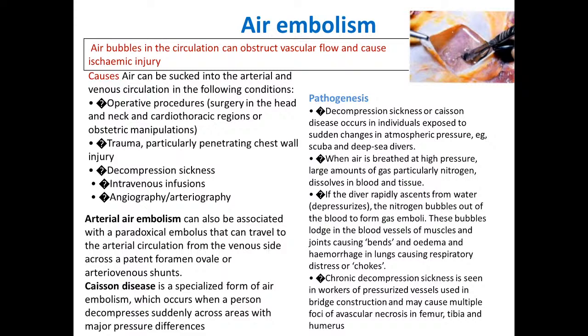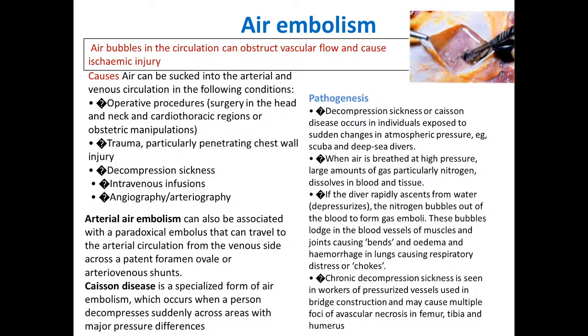Air embolism: air bubbles in the circulation can obstruct vessels and cause ischemic injury. Causes: air can be sucked into the arterial and venous circulation in the following conditions. Operative procedures: surgery in the head and neck and cardiothoracic regions or obstetric manipulations. Trauma, particularly penetrating chest wall injury, decompression sickness, intravenous infusions, angiography, arteriography.